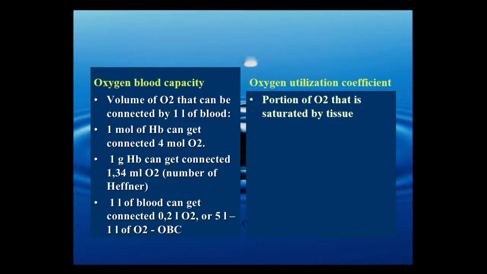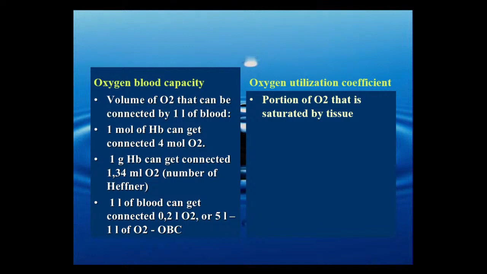Calculate that 1 gram of hemoglobin can connect 1.34 milliliters of oxygen.